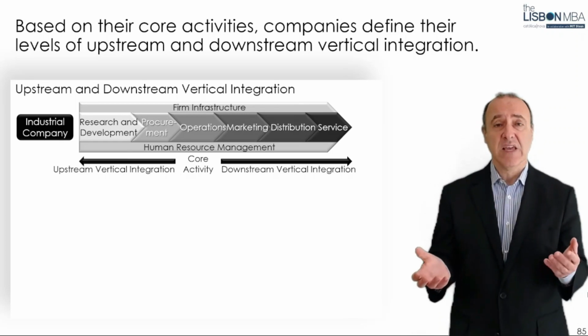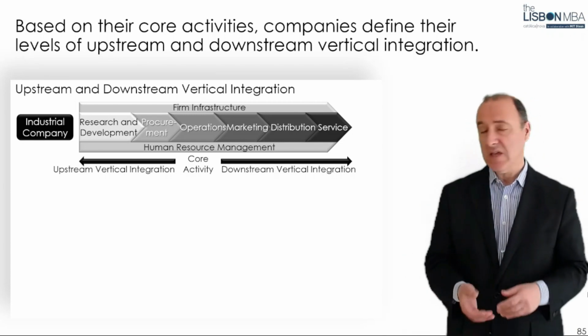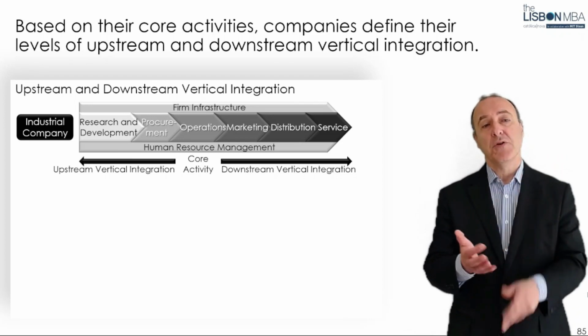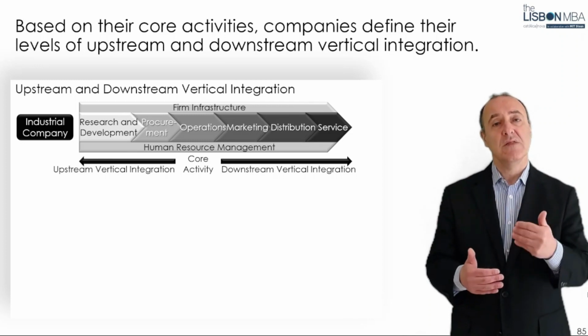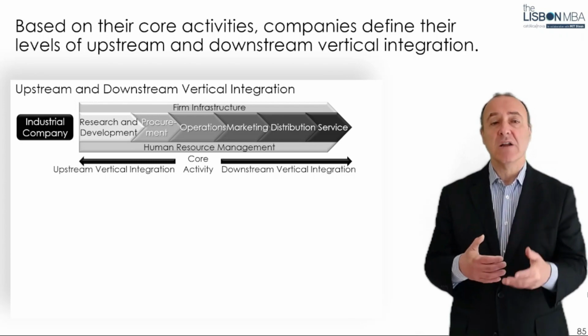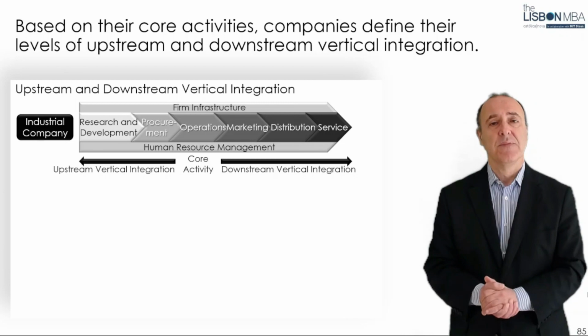And some companies can actually do both. For instance, an industrial company with a core activity in operations can do vertical integration for procurement, research and development, and so on, and can do downstream vertical integration for marketing, distribution, their own stores, and service.